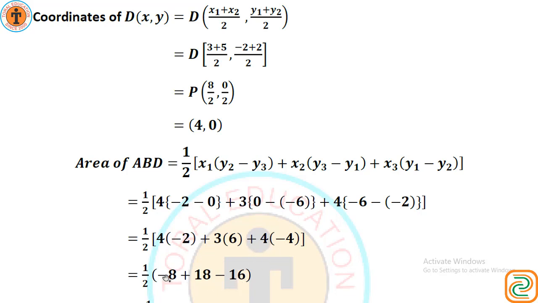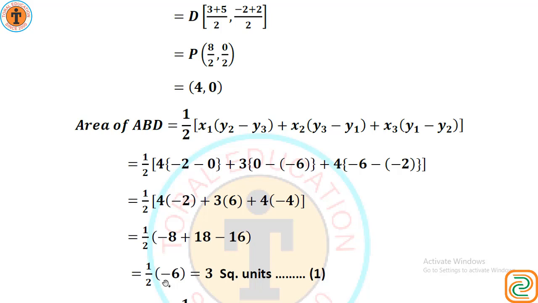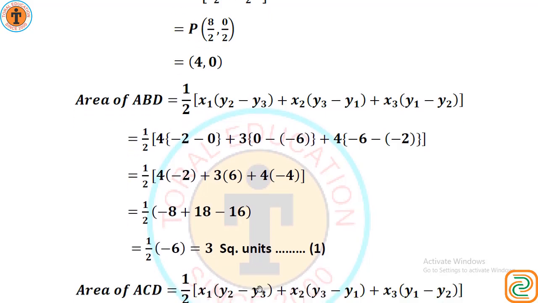These both are negative, minus 24 plus 18, that is minus 6, right? But area can never be negative, so we consider it positive. Half of 6 is 3 square units.